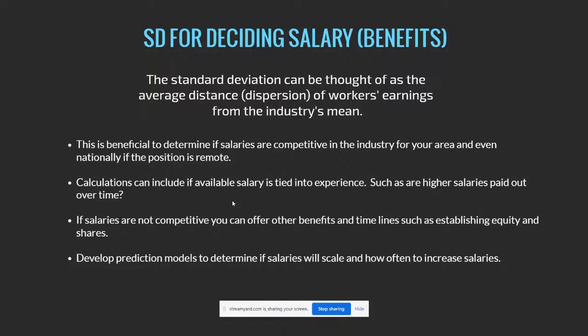The third benefit is if salaries are not competitive, you can offer other benefits and timelines, such as establishing equity in shares. For example, I've even gotten some offers where they can't offer me a full salary, but a company may offer me shares in a company, and they may have a projection model over time of how much they would earn and how that would affect my salary or shares in a company.